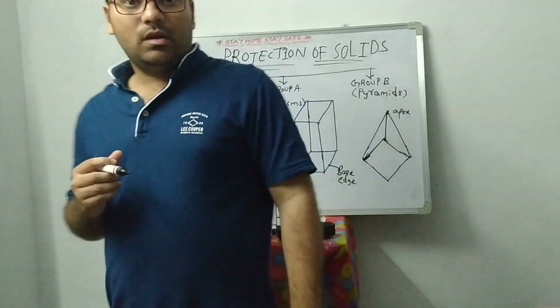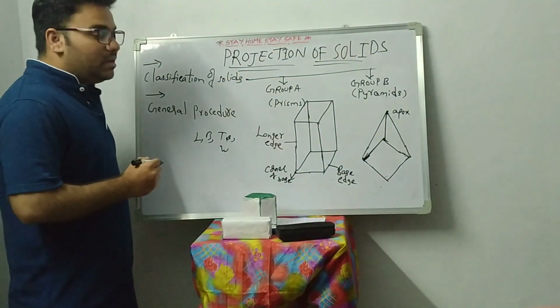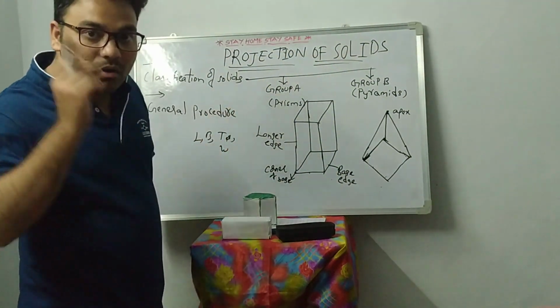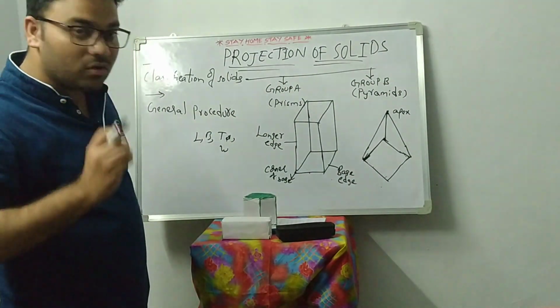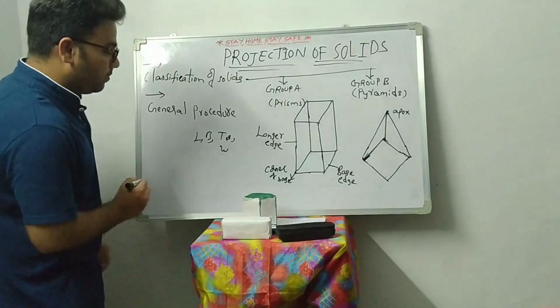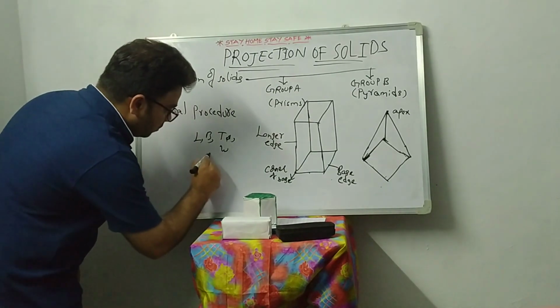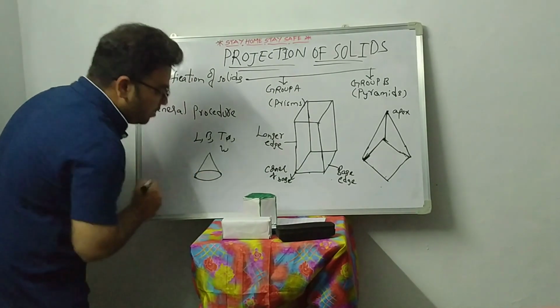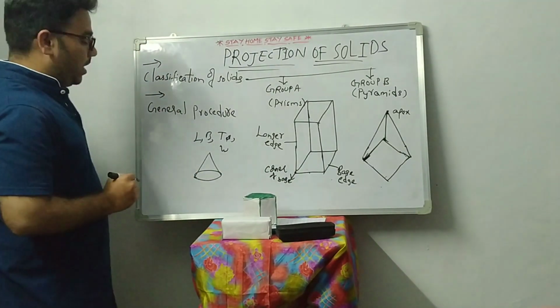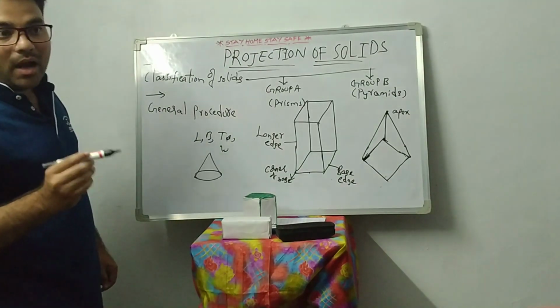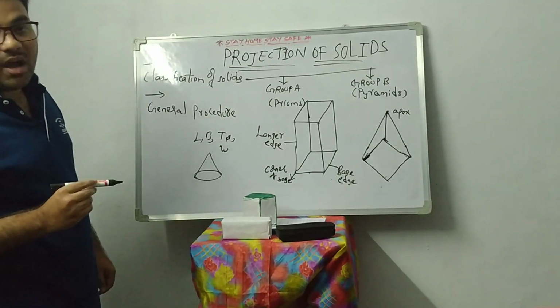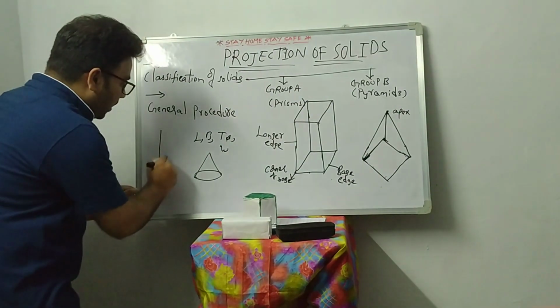Now, apart from these solids we have different solids also. The first one is the cone. If the base and top are two circles, then we say it is a cylinder.